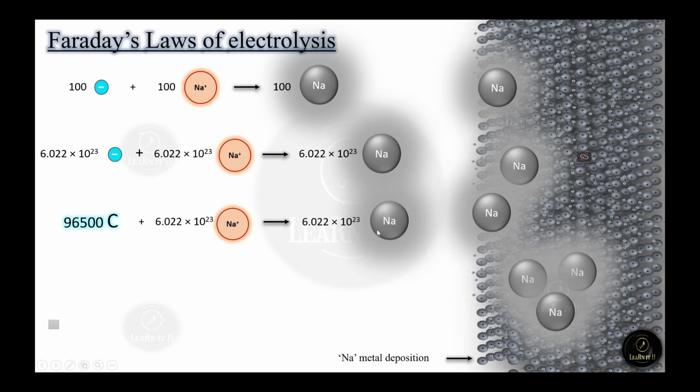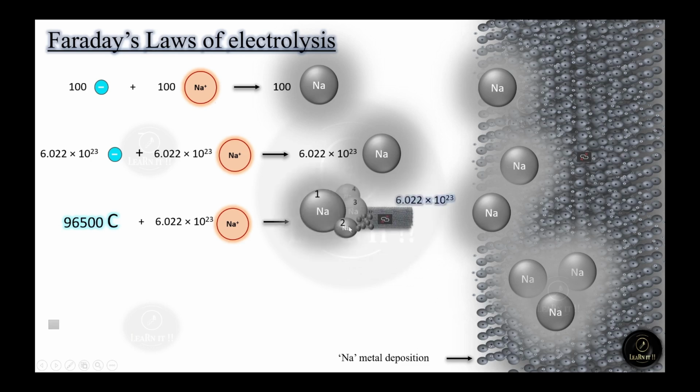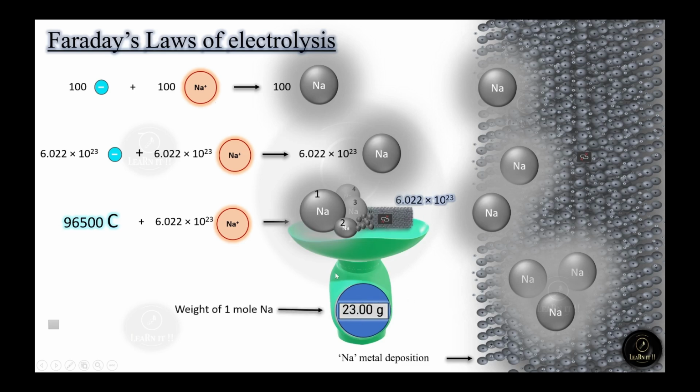Now let us look into how much Avogadro's number of sodium atoms weighs. When we take Avogadro's number of sodium atoms, like 1, 2, 3, 4, 5, 6, 7, 8 up to 6.022 × 10^23, it weighs 23 grams. So 23 grams is the weight of 1 mole of sodium.